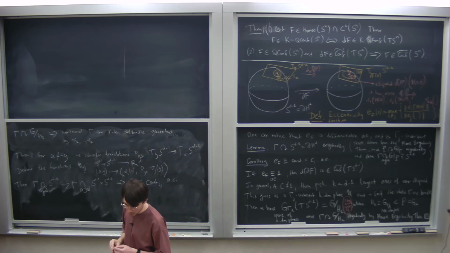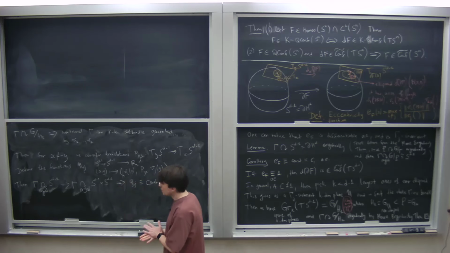Now I want to define, so like there is an angle, which I can say that it's invariant, but I basically want to use the Gauss-Bonnet theorem.